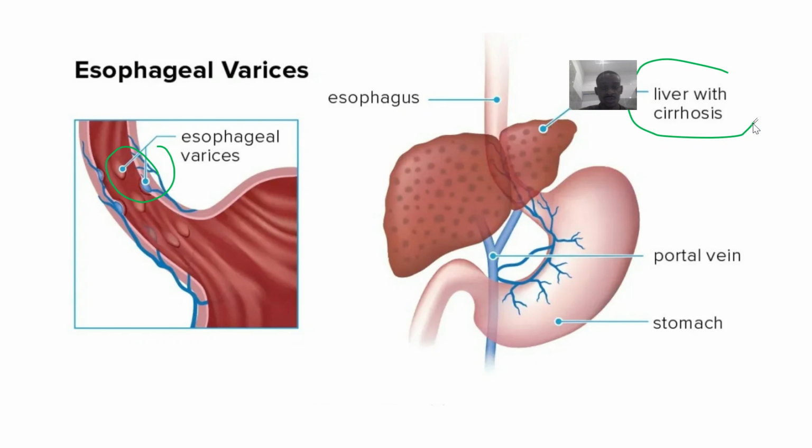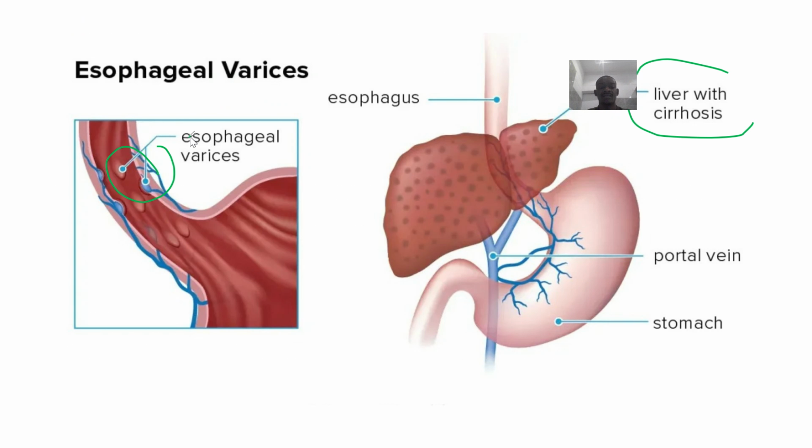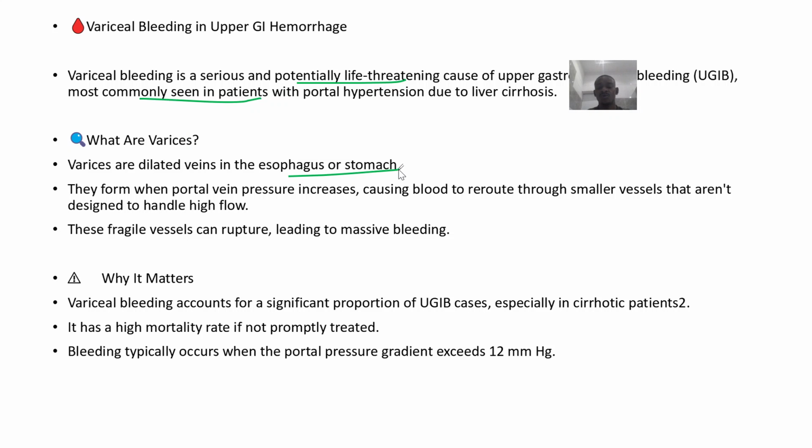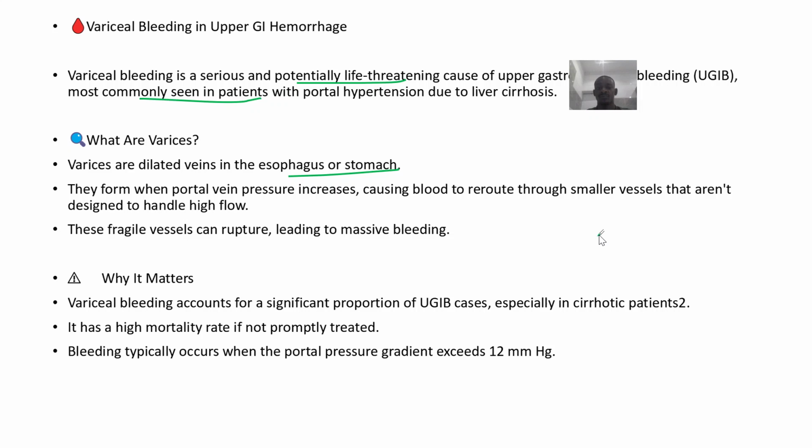So what are varices in the first place? They are just dilated veins. It could be in the esophagus or down to the level of the stomach. They form when portal vein pressure increases, causing blood to reroute through smaller vessels.